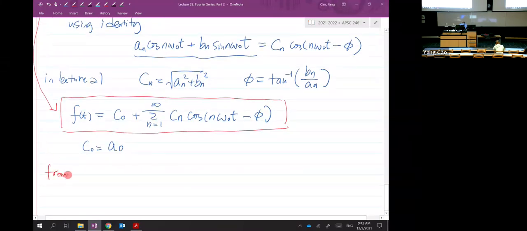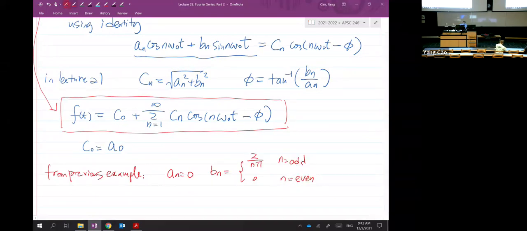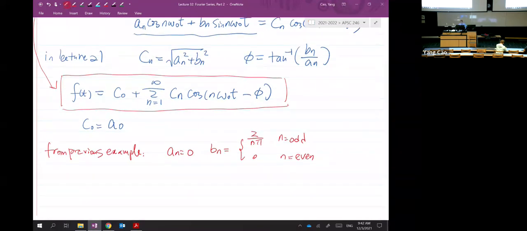from the previous example, we got our an equal to 0 and bn equal to either 2 over n pi or 0. Then let's see what we're going to get if we use this compact form.